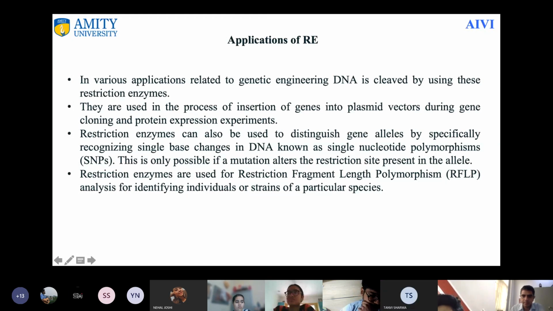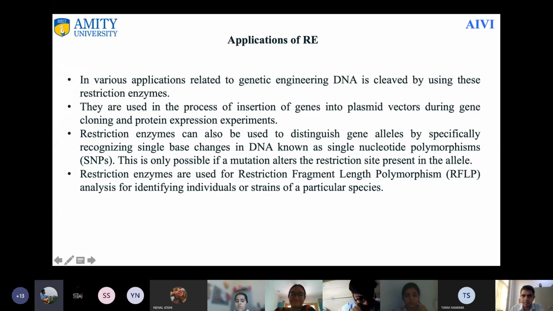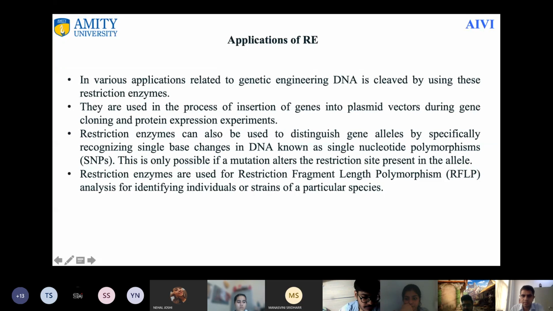Tridev, present, sir. Manaswini, present, sir. Adish, present, sir. Yuvraj, present, sir. Sanjana, present, sir. Nehal, present, sir.